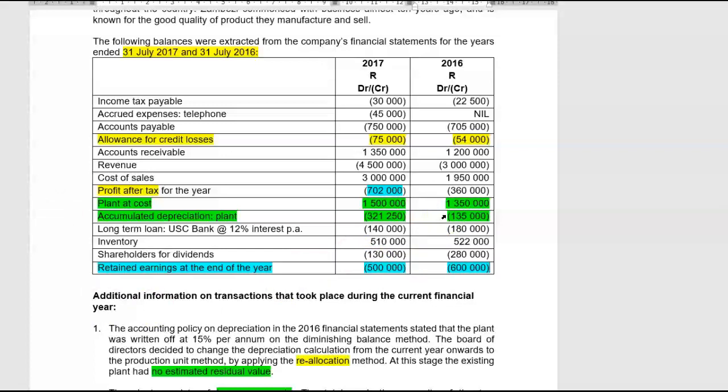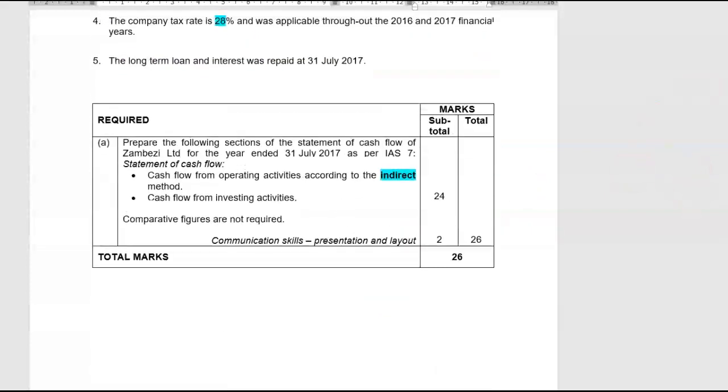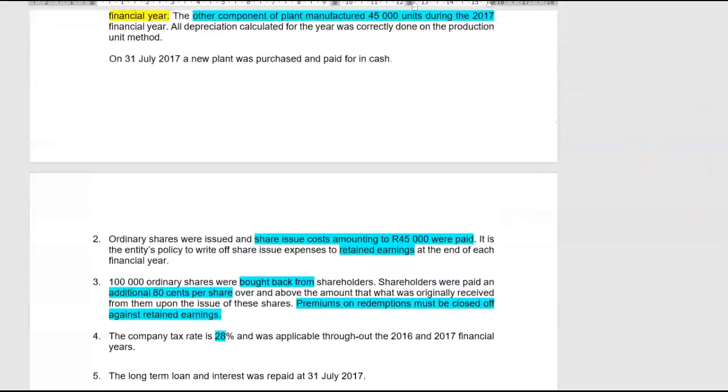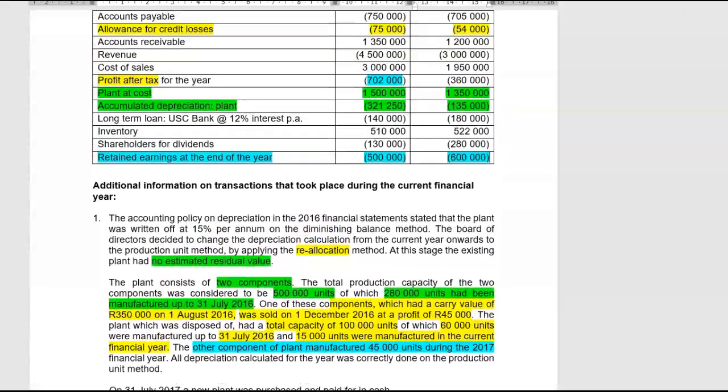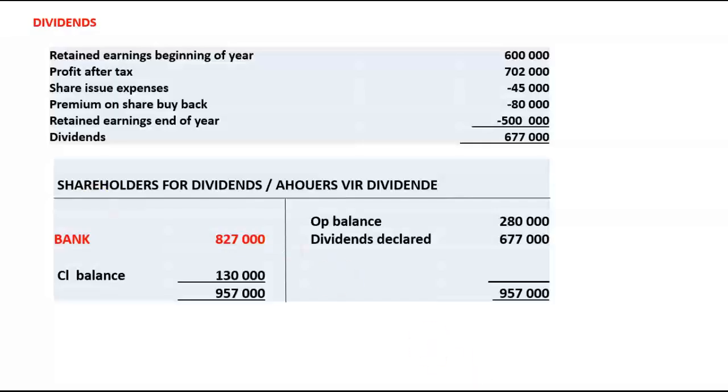In this case, there were the premium on the buyback and share issue costs, which have reduced that retained earnings. We have profit after tax, so that we also have. So if we start recompiling, just put down everything that we have on retained earnings, you will see that the balancing figure should be then our dividends.